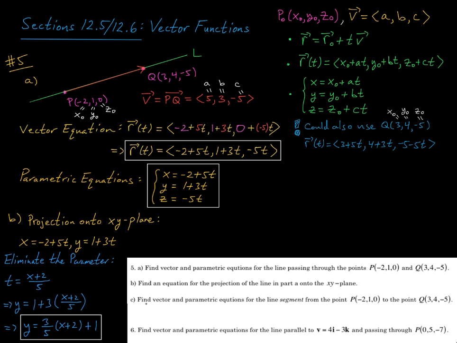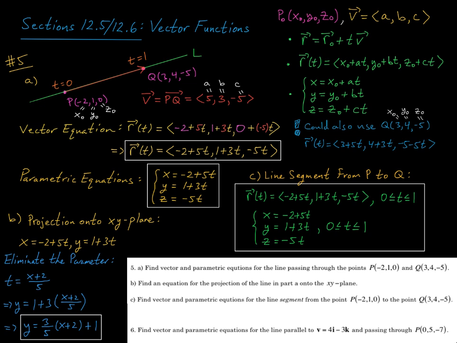Cool. All right, and then for part C, it says find vector and parametric equations for the line segment from the point P to the point Q. Okay, so not the line that passes through the points, but just the line segment that starts at P and ends at Q. Okay, well, we can use our same answer from part A. It's just now I need to put bounds on T. Okay, so as we already noted, when T is 0, I'm located at the point P. When T is 0, x is negative 2, y is 1, and z is 0.